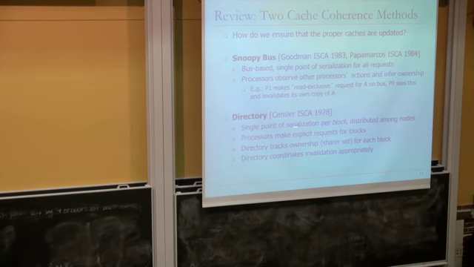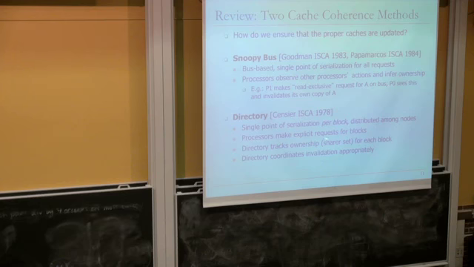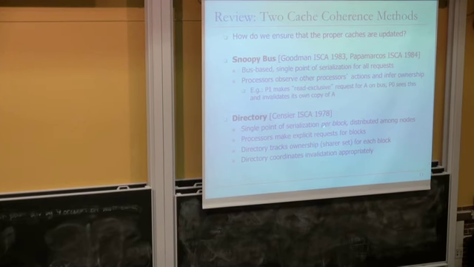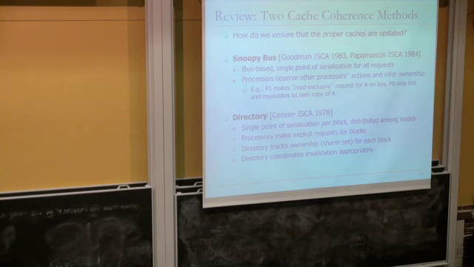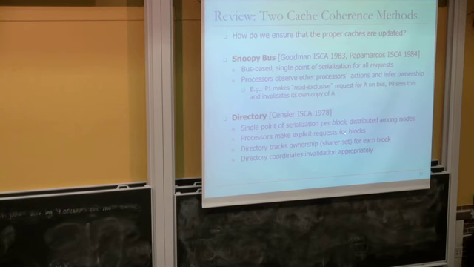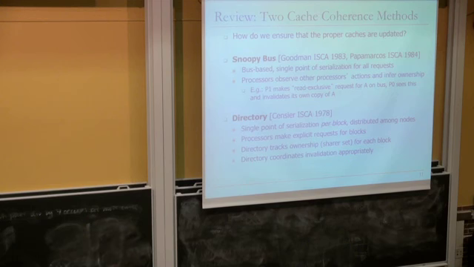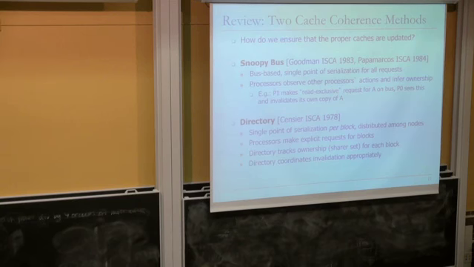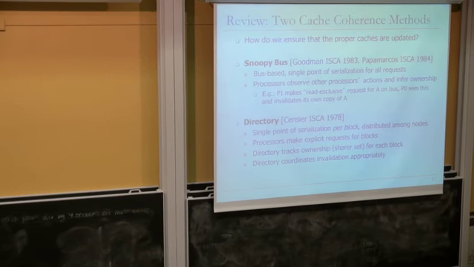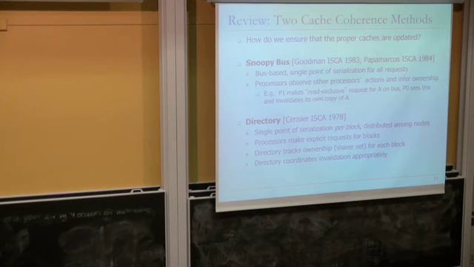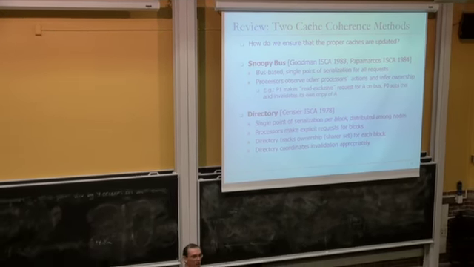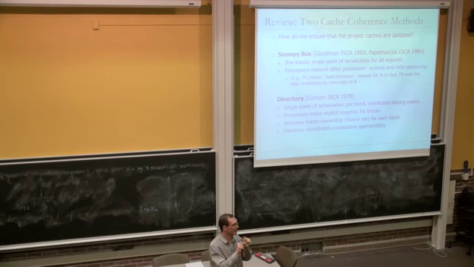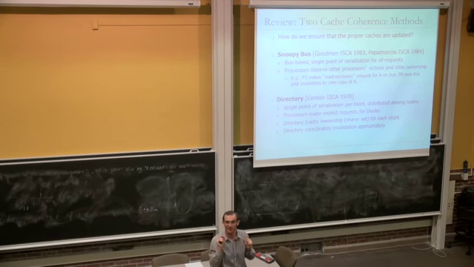Directory, on the other hand, it's more explicit. There's a single point of serialization per block, not for all requests. And processors make explicit requests for blocks, and this directory tracks ownership of the block. Remember, the directory has 1 bit per processor for each block, saying whether that block is currently in the cache of that processor or not. Right?